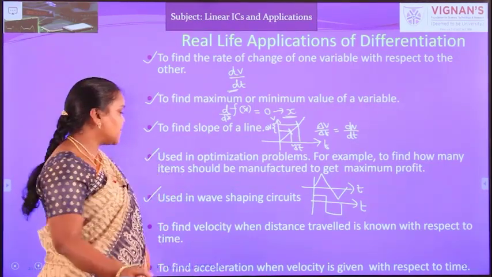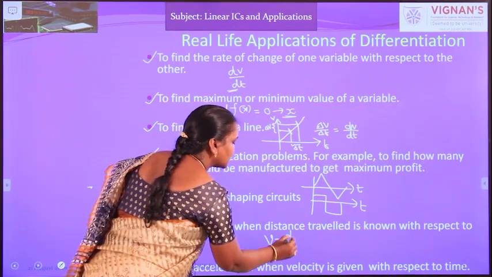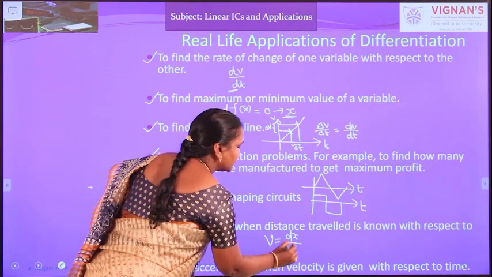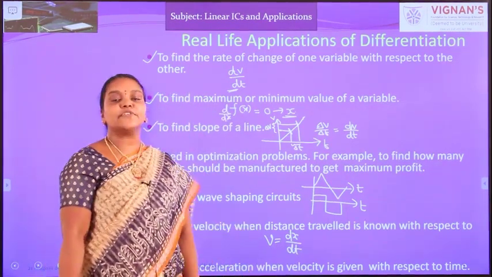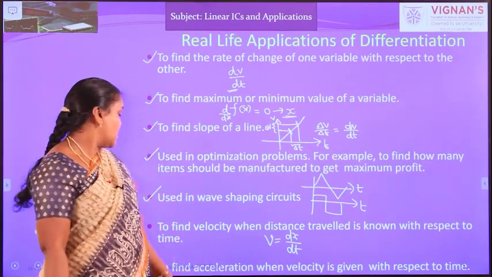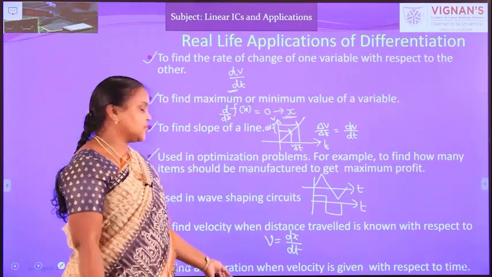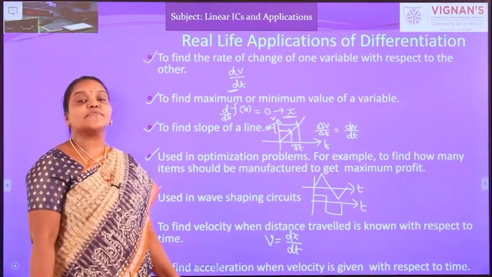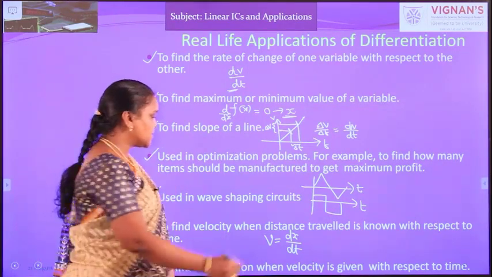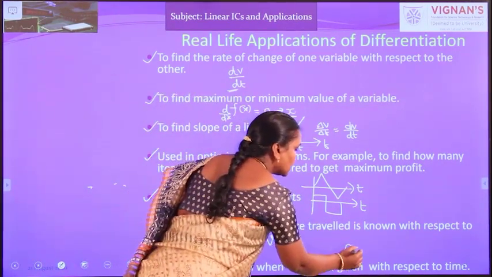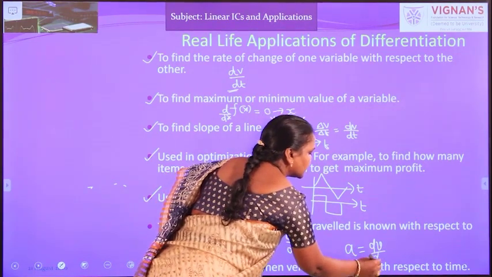All of you know in your physics what is the velocity formula? It is dx by dt. That is change in displacement with respect to change in time. And the last one is acceleration. You can find the acceleration when you know the change in velocity with respect to change in time, because the formula is acceleration A is equal to dv by dt.